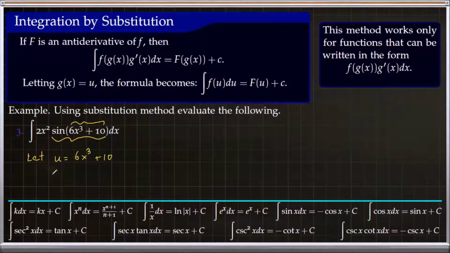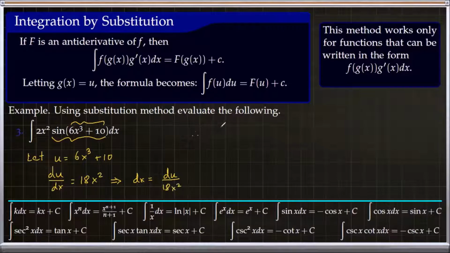Now we want to express dx in terms of du. So we need to find the derivative of u with respect to x. This will give us 18x^2. And that implies dx equals du over 18x^2.